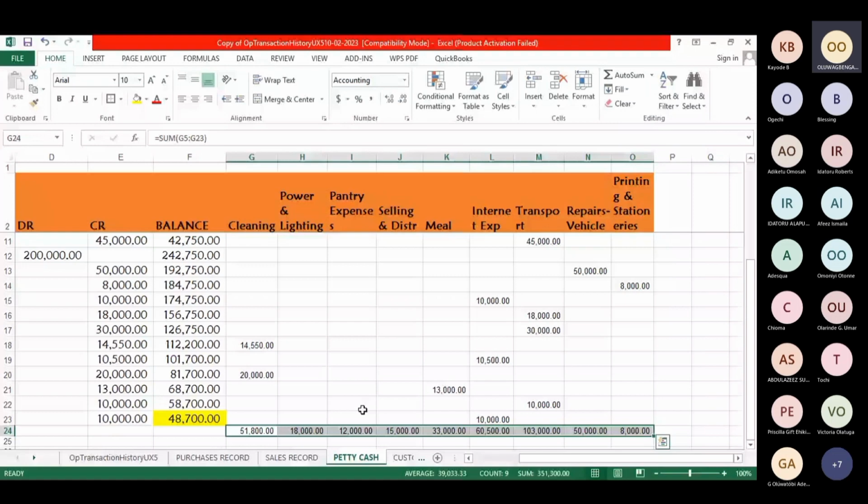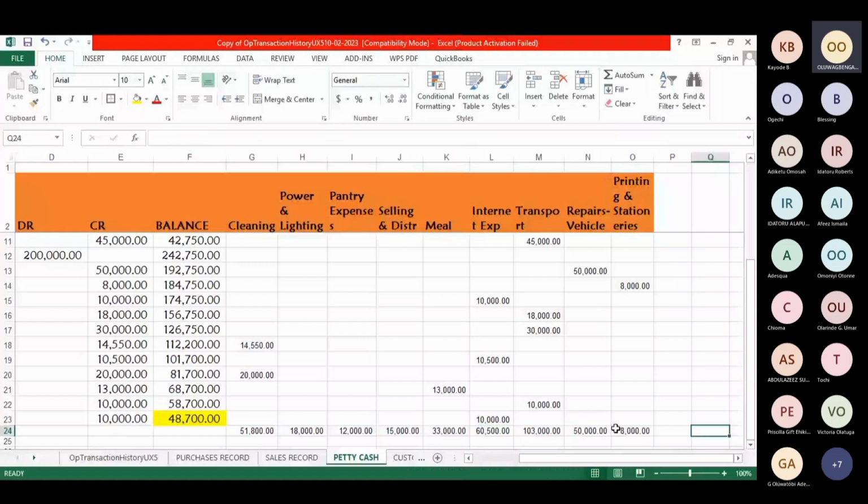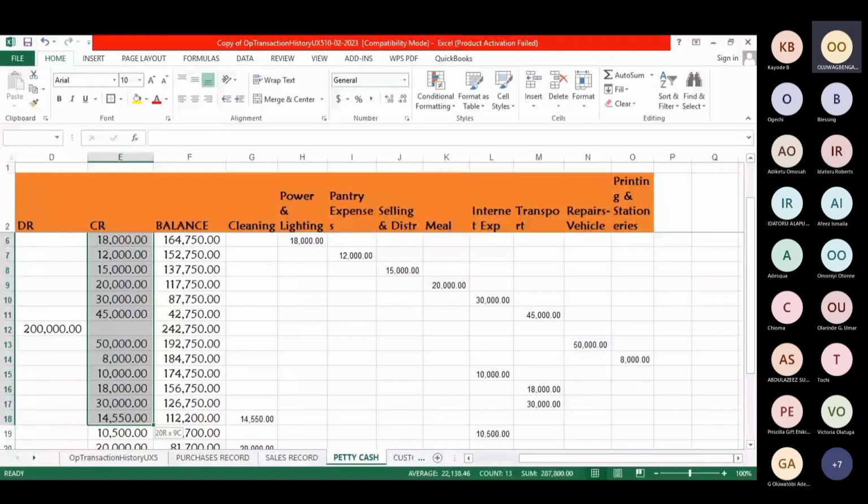Because I sorted everything here directly, there was no movement from the items on the petty cash to another book outside this. So I can just do a kind of verification as to confirm this balance as outflow. So if I go here, I can be able to know if there's any mistake at any point in time.